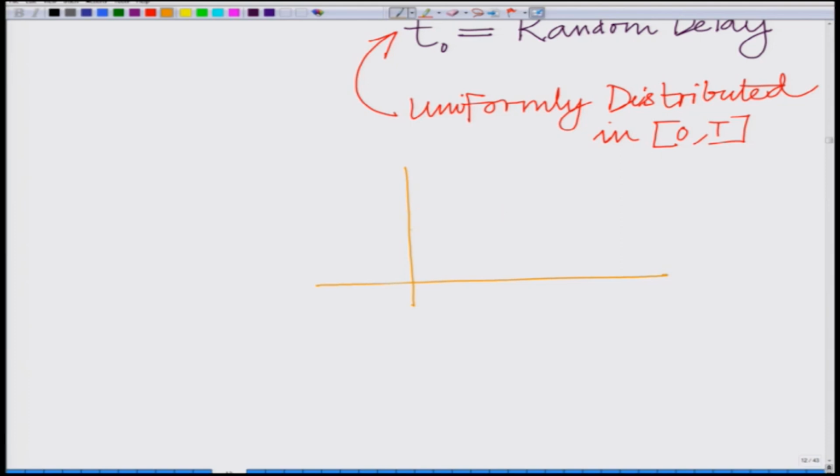It is of height 1 over T. So, this is T, the distribution is 1 over T in 0 to T.